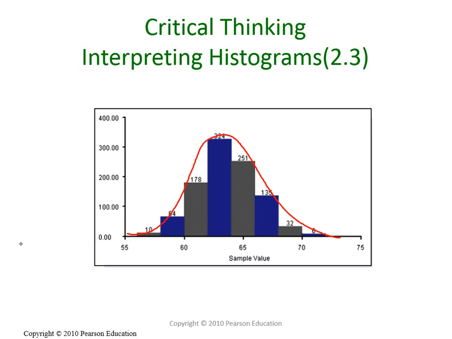We've got that maximum amount in the middle, and it has pretty good symmetry, decreasing out from there on both sides. It's not perfect. It's not exactly 178 and 178, or 251 and 251 on both sides, but you can see that it fits that pattern. So this one would be considered a good bell-shaped distribution. You can see that from the histogram as we're putting things into those different classes.